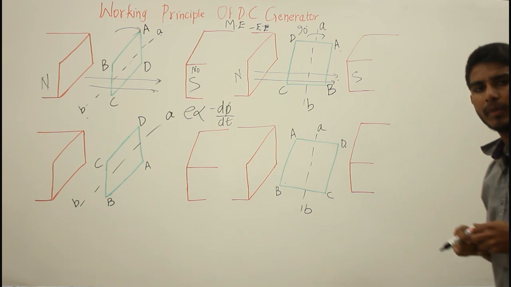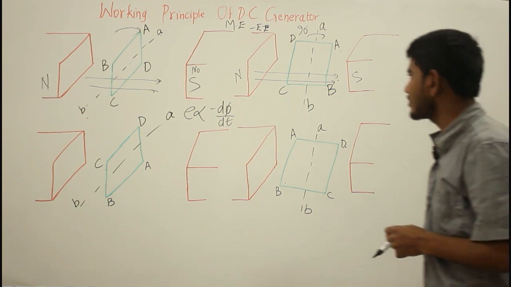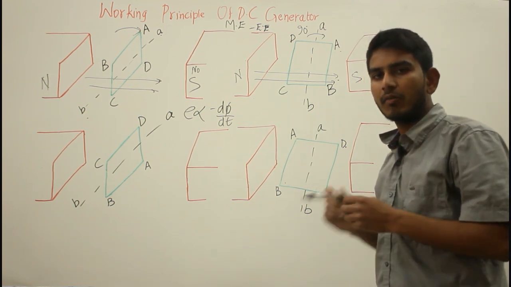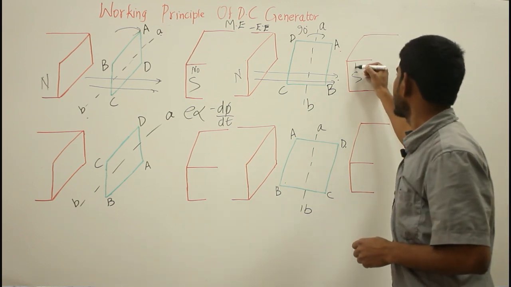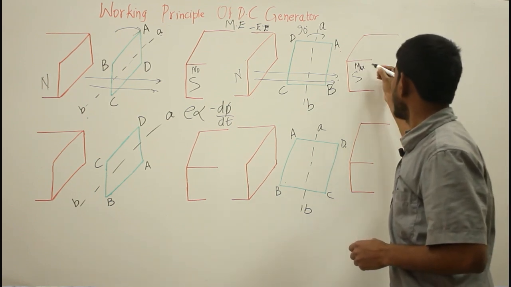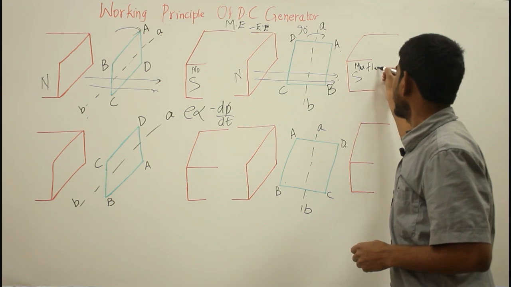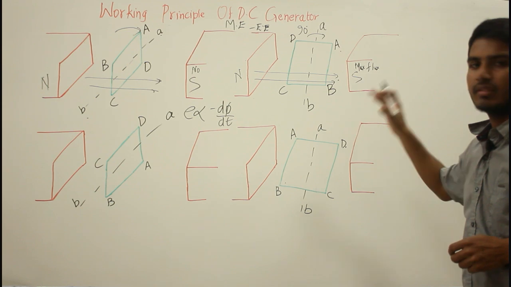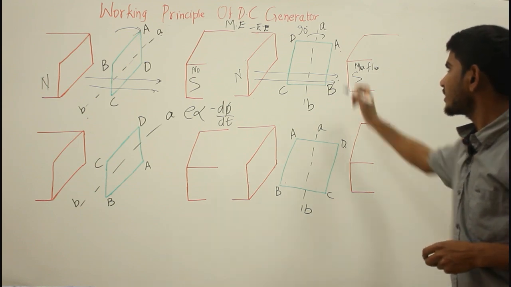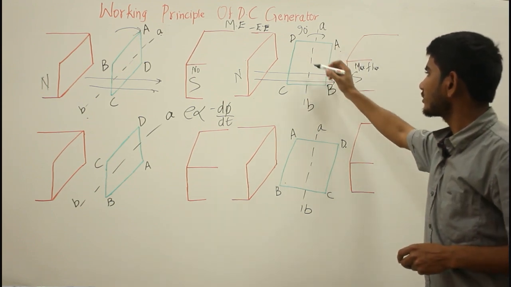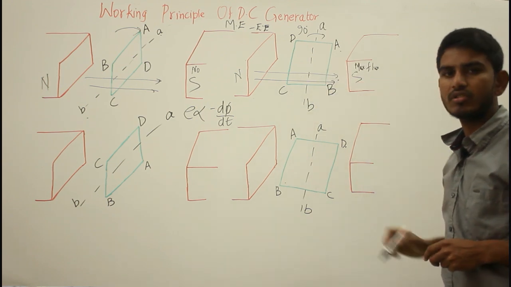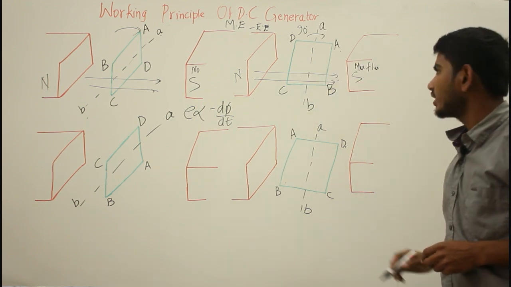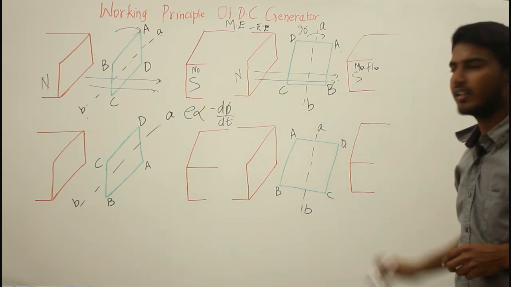When they are perpendicular to the flux lines, the rate of flux cutting is maximum. So you can witness maximum flux cutting, and the induced EMF is maximum. As the conductors AB and CD form a closed loop, the induced current can be seen in this rectangular loop.